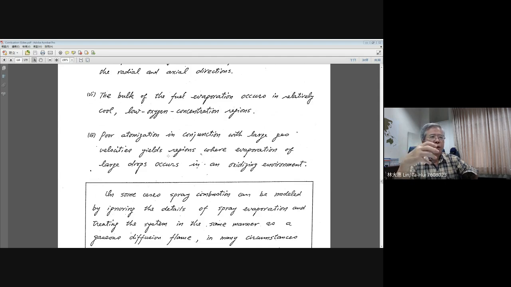Those large droplets will continuously exist, and in certain conditions, without additional small droplet support, they will evaporate or burn by an individual diffusion flame supported by the oxygen in the environment. Okay.